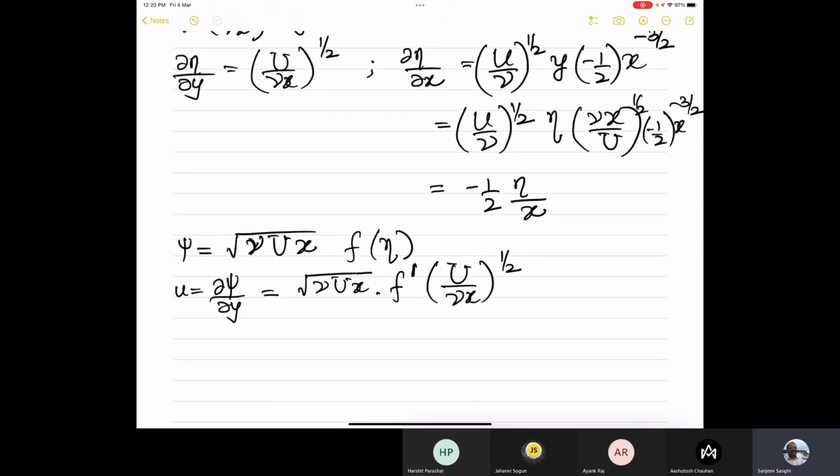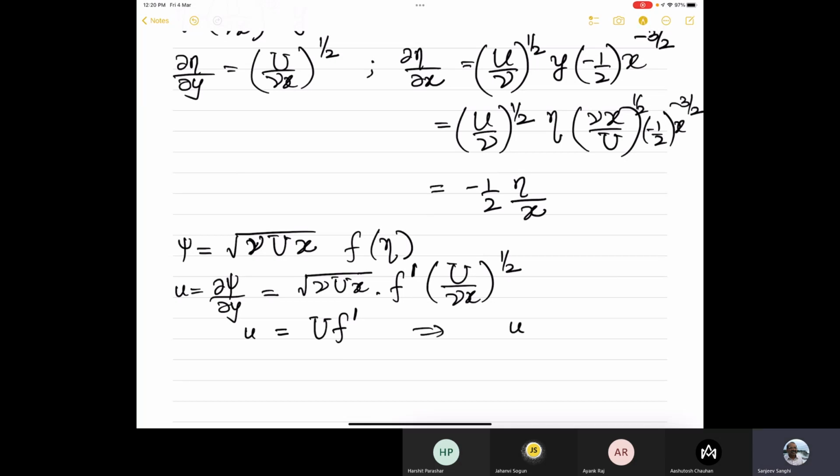So if you look at this, now nu to the power of half will cancel out, and then x and x will cancel out, and there are two U, so this is equal to capital U times f prime.